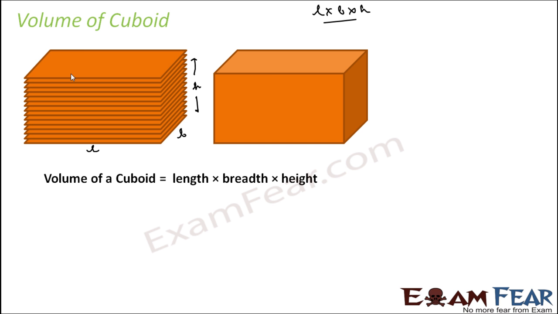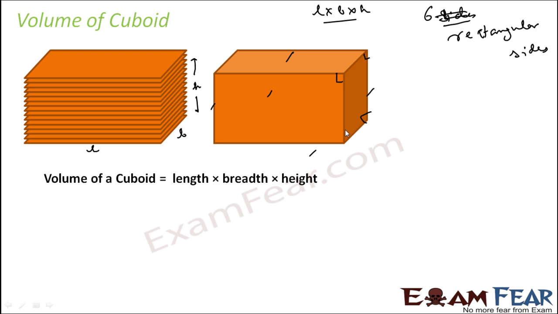And if you talk about a cuboid, we have already said a cuboid is nothing but a box-shaped 3D solid object. It has 6 flat sides, or faces, and all these 6 faces are rectangular, and all these surfaces meet at right angles.